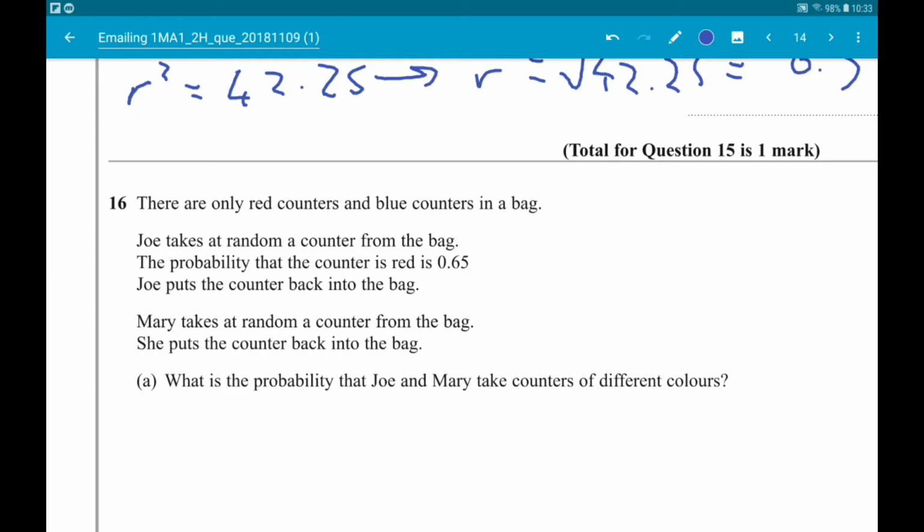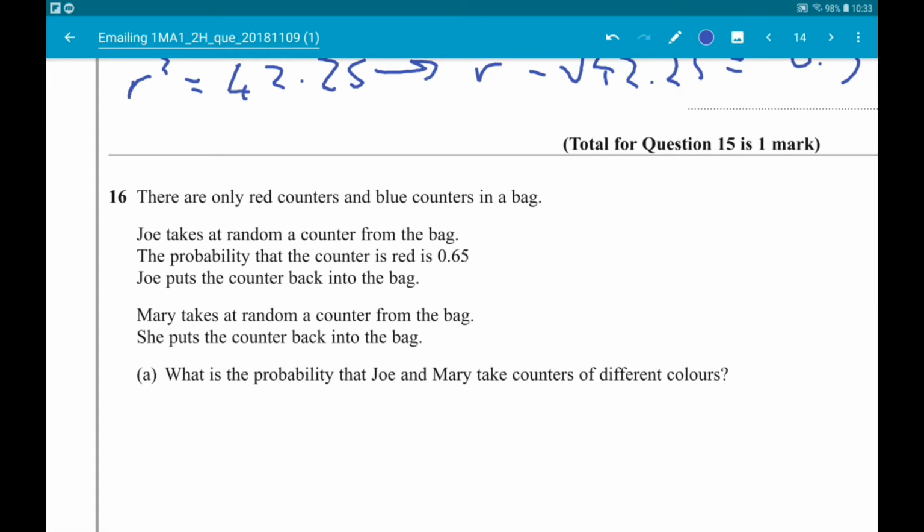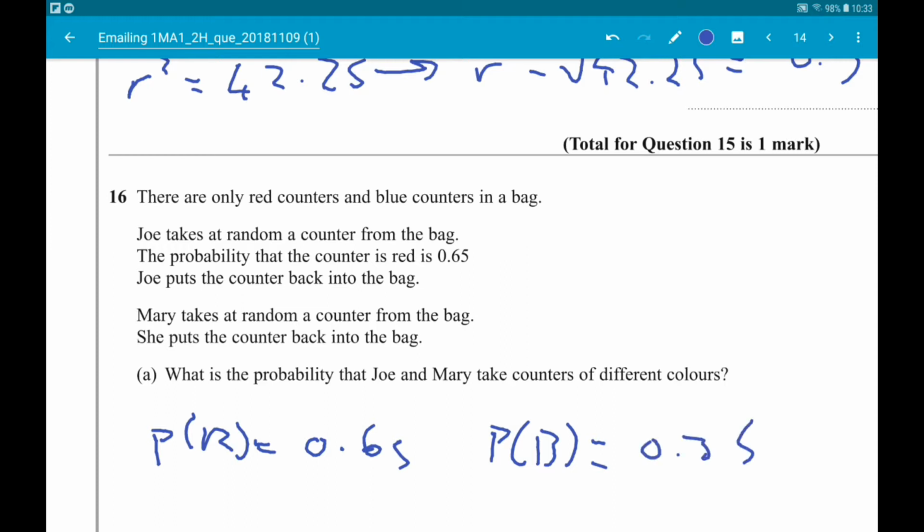Okay, so at this point, I'm going to write down the probability of red is 0.65. Well, that means the probability of blue is 0.35. Okay, back to the story.